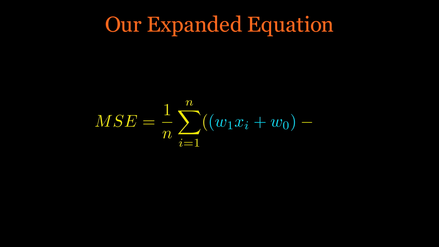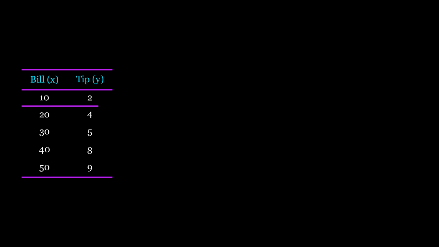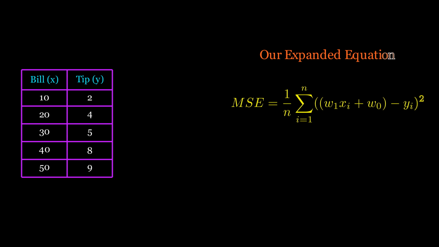With this foundation established, we can now examine the expanded form of the mean squared error, MSE equation. Stay focused as we go deep into the mechanics of this equation. Let's look at what we have, our dataset and our loss function. In this equation, n represents the number of data points, which is 5 in our case.